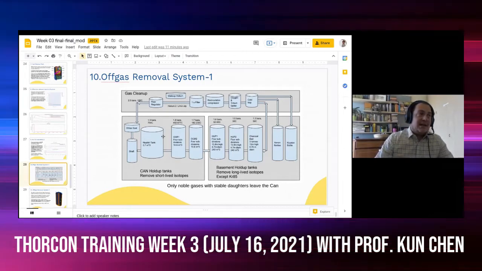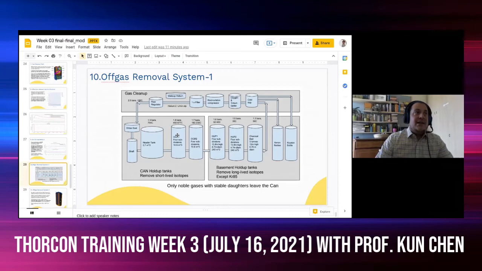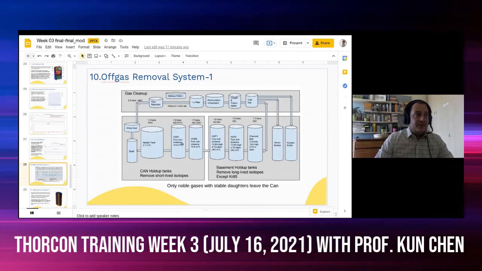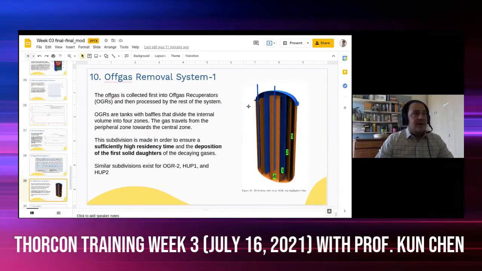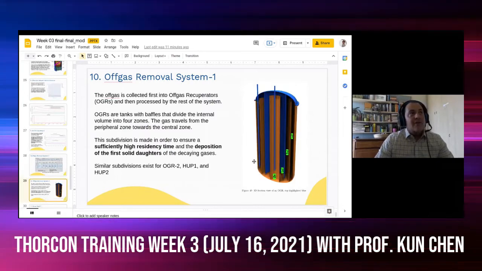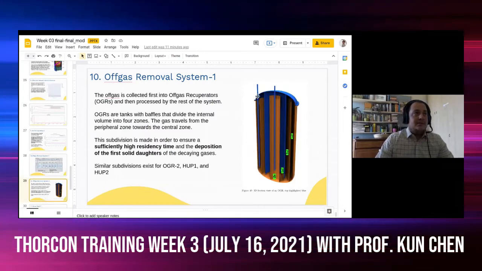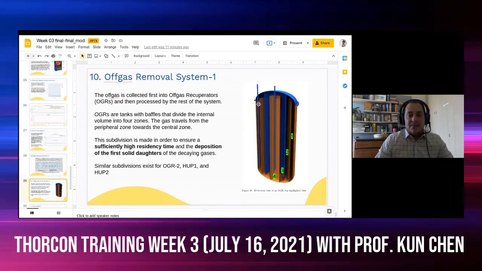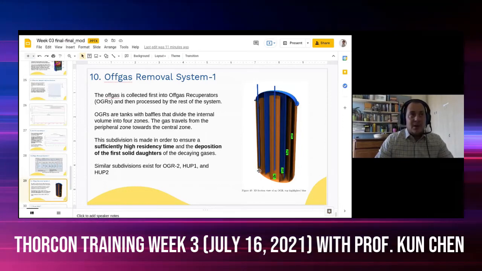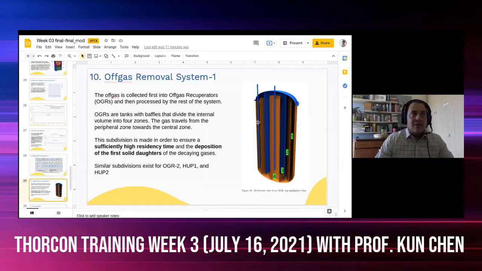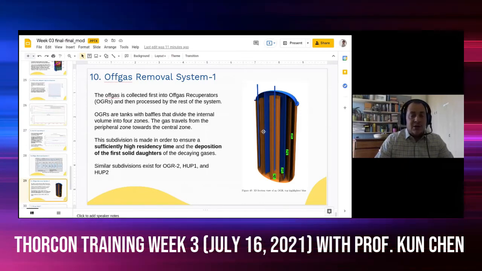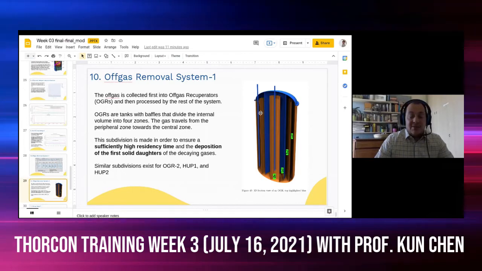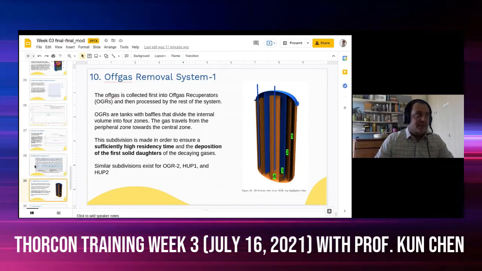Once the gas leaves the header tank, then it goes to the OGR. Each OGR is divided into 4 sections, effectively introducing a plug flow that avoids the mixing of the gas inside the OGR and increases the effective residence time.